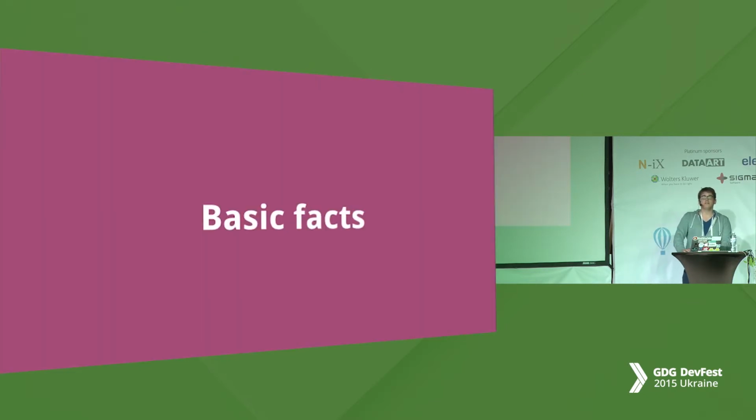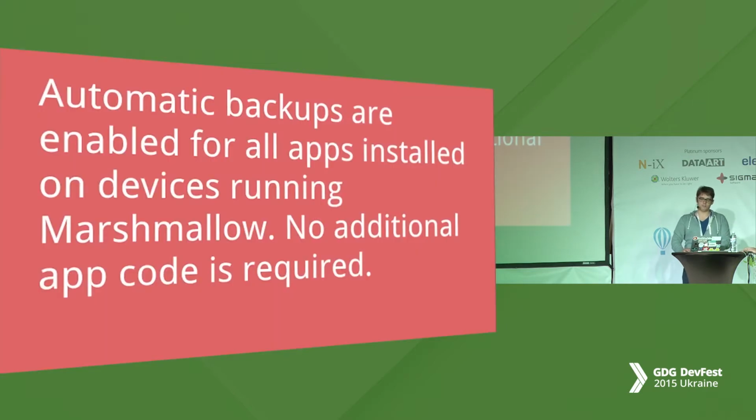So first, let's introduce some basic facts about Android backup. Android backup is one of the most crucial features that were introduced together with Android 6.0 Marshmallow, and it's enabled for every single application by default. No additional app code is required to make it work.